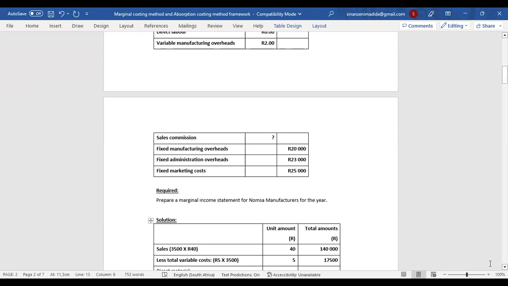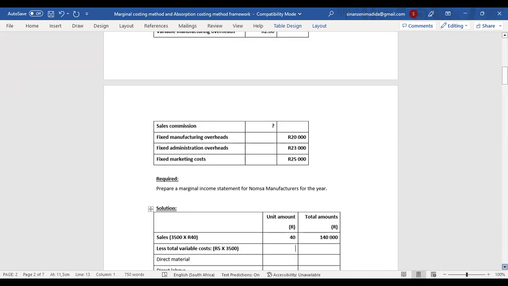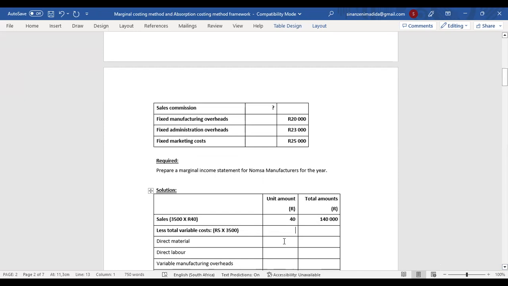Then another variable cost that we are having is our direct labor. Let's try and identify the direct labor per unit, then we calculate our total direct labor for 3,500 units.